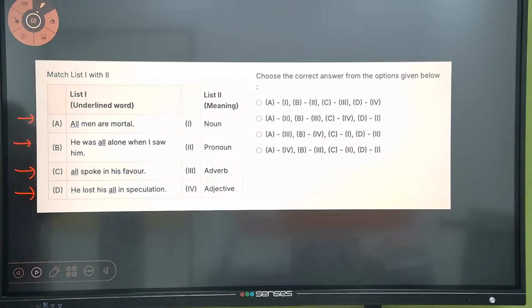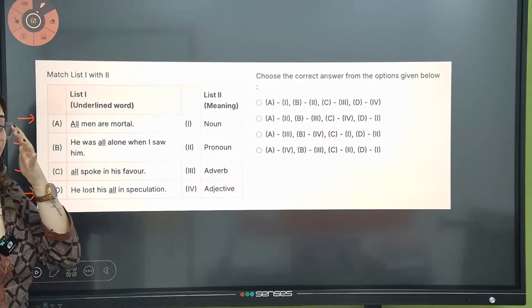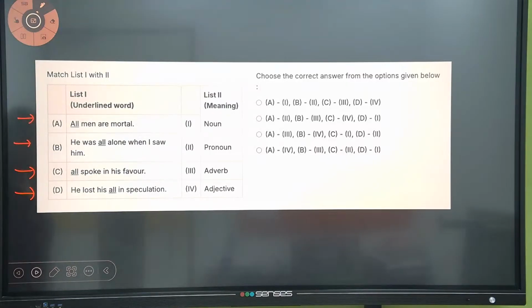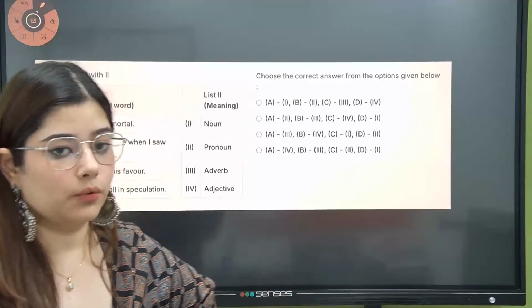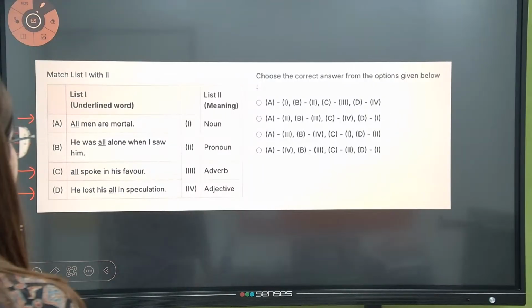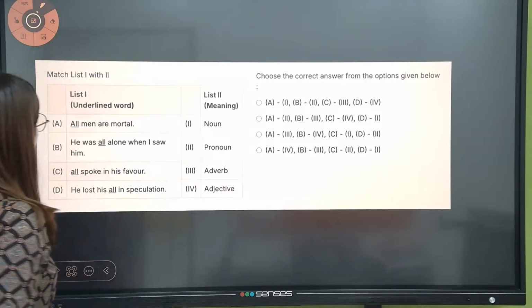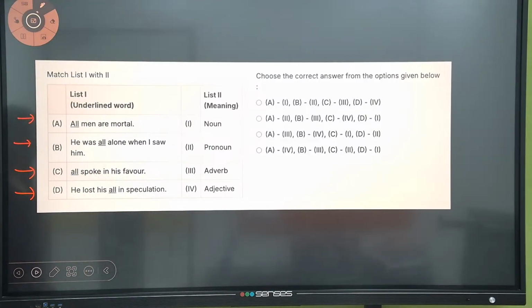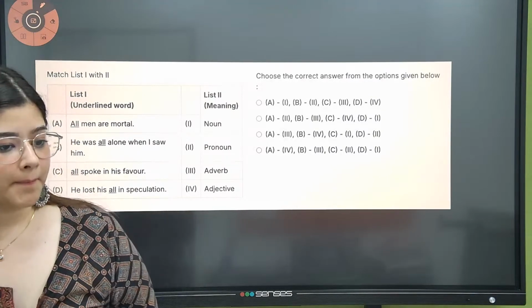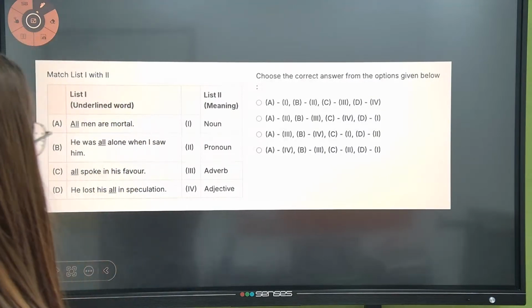Second sentence, he was alone when I saw him. Third sentence, all spoke in his favor. And fourth sentence, he lost his all in speculation. Tell me. Anyone would like to answer?